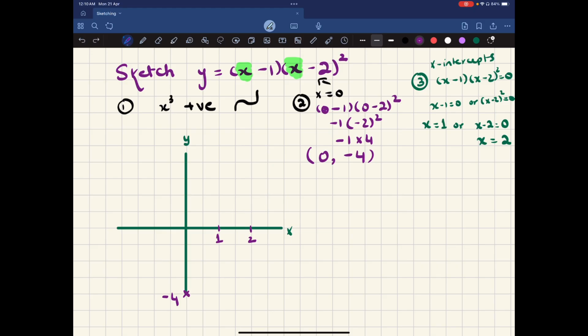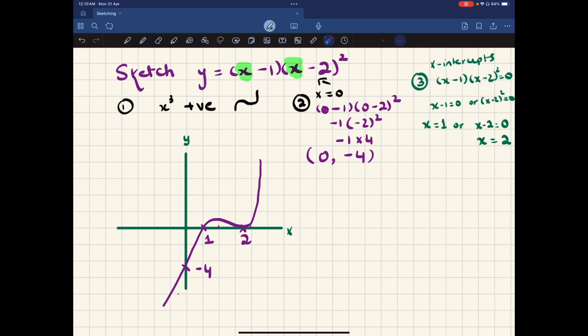Okay, so an easier way is to first draw your graph, and now you can label it. So this is 2, this is 1, and this is -4. It need not be very accurate. You just need to clearly mark the x and y intercepts.